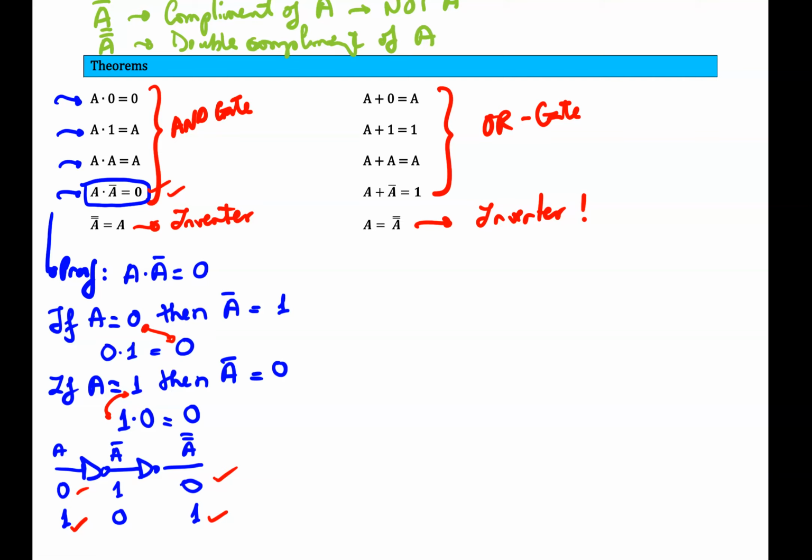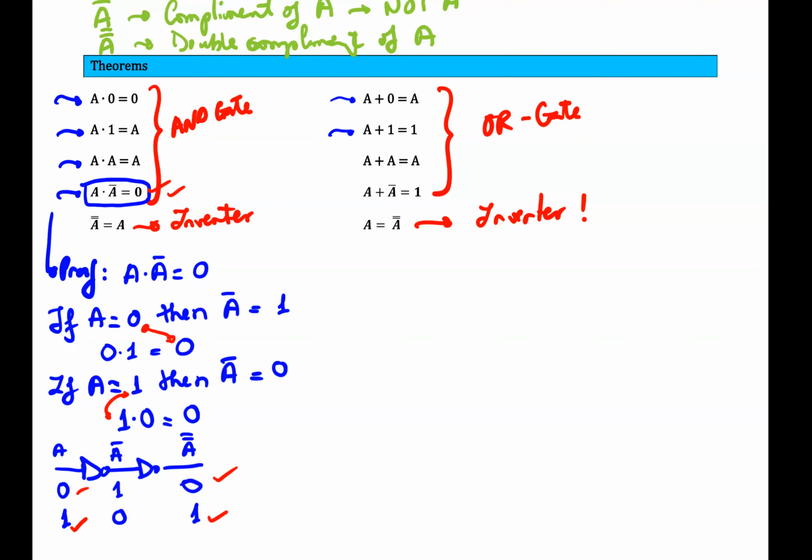Keep that in mind. So think of this in terms of algebra. If I have A plus 0, it has to be equal to A. But this one, A plus 1, this time I have it equal to 1, because in an OR gate, as soon as I have the 1 input, my output is equal to 1.